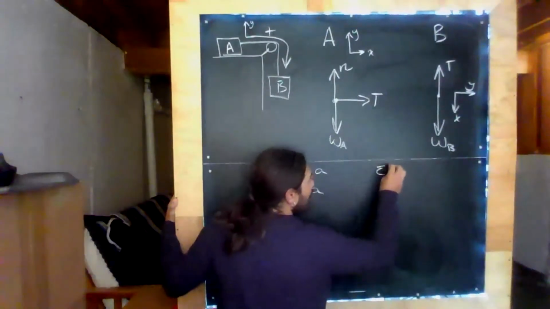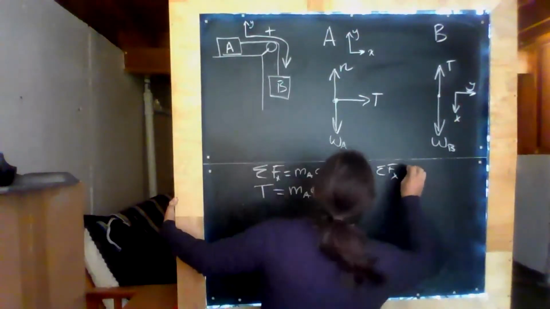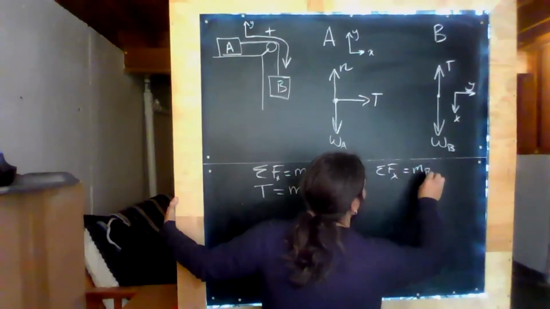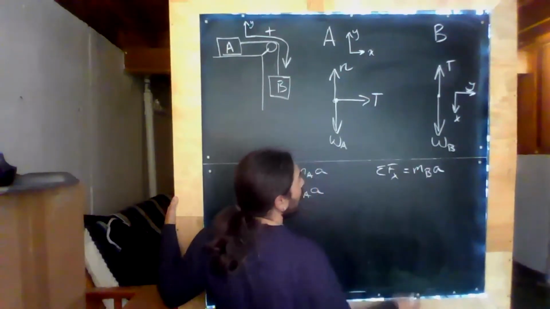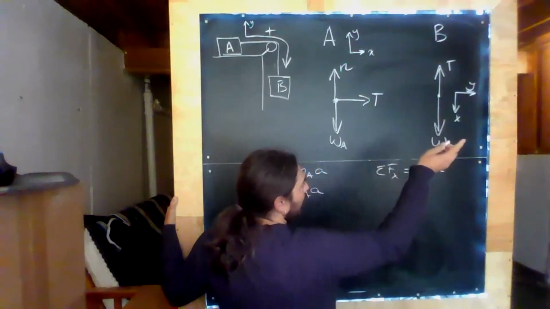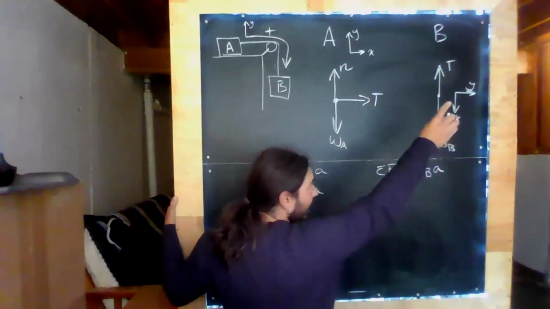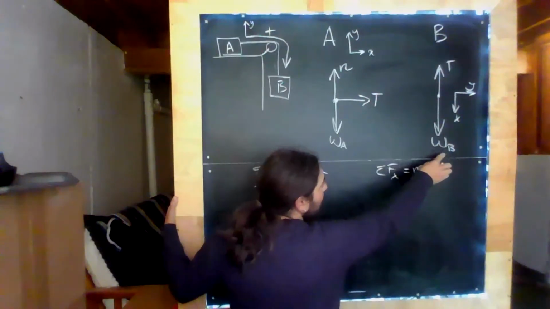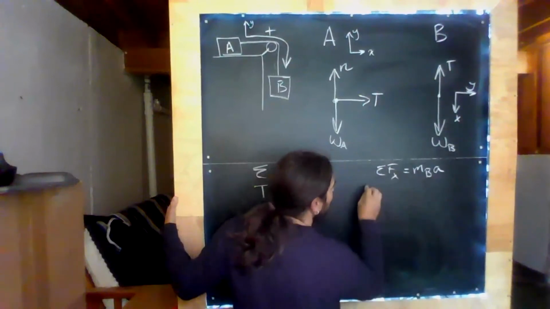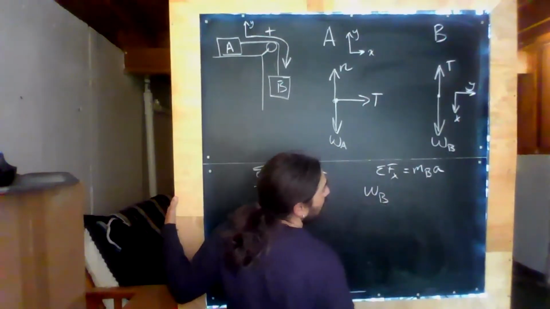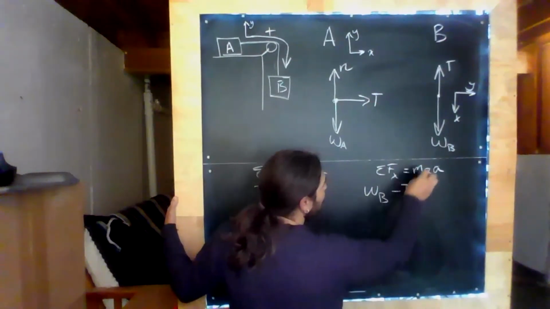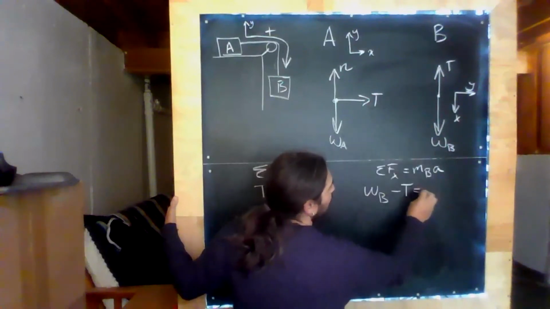And we can get that by doing the sum of the forces in the x direction on block B. Now this, we have to be careful here. Notice that W_B is in the positive x direction. It's in the direction that I called positive. And tension is in the negative x direction.